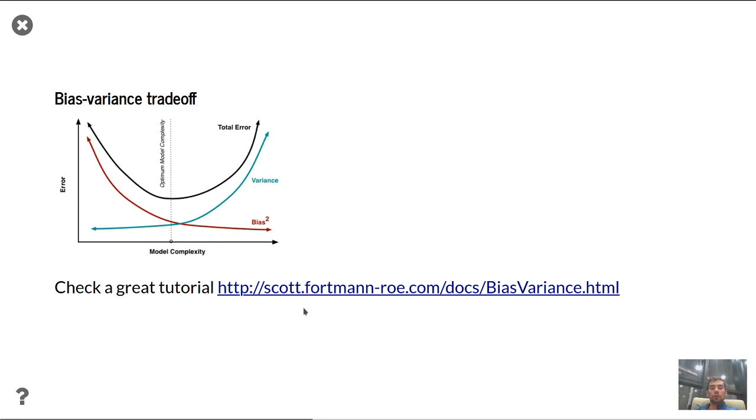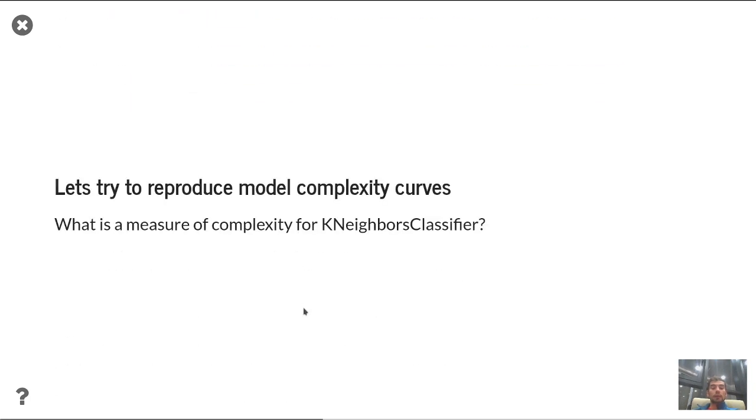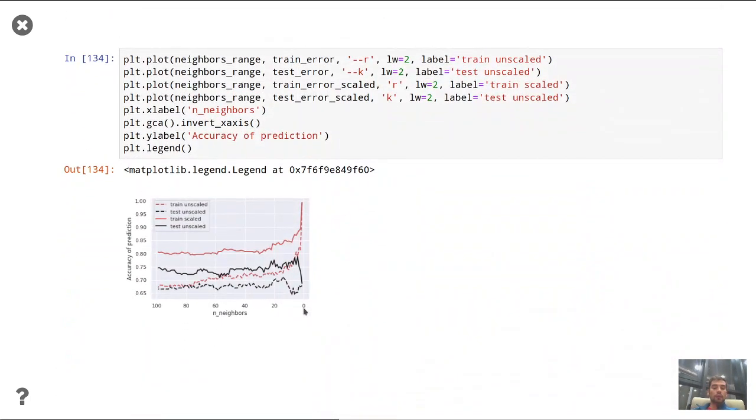So red curve here, the red one, can be interpreted as our train error, and the black one can be interpreted as the test error. So here we have these curves for two scenarios, with standard scaling and without.